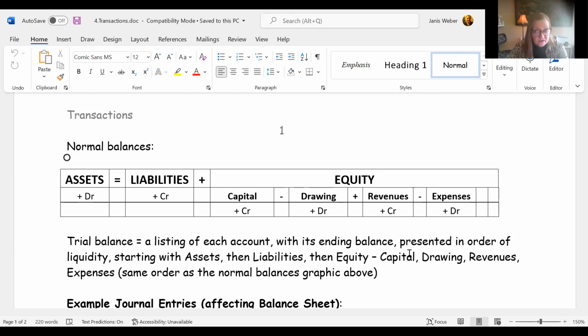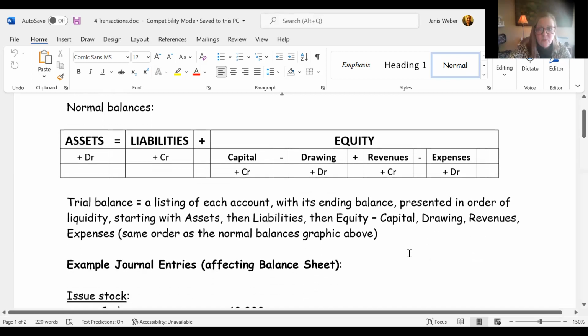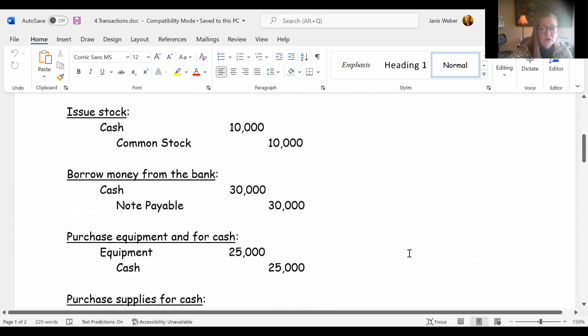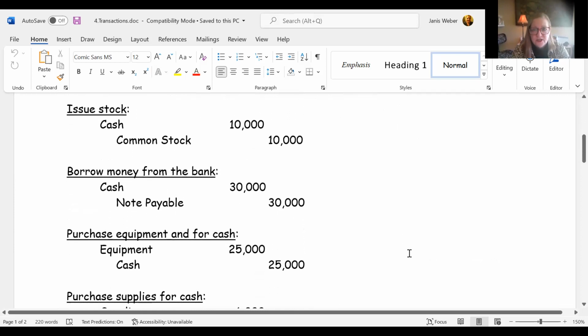But if you had to put revenue and expenses in one of the 3, asset, liability, or equity, you would have to put them in equity, because at the end of the period, those revenue and expenses get dumped into the equity accounts, and then restart to track the revenue and expenses for the new period. And we'll get to that later on when we start talking about closing. Here's just a few journal entries that you might make when you do different transactions.